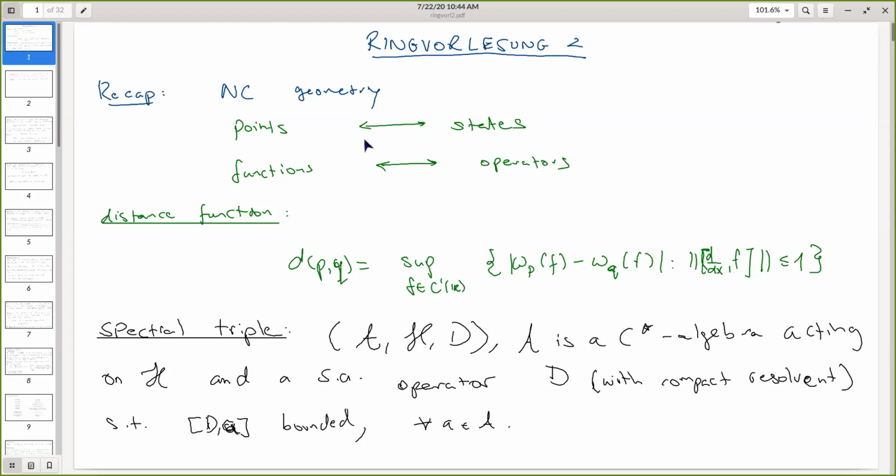If you replace functions by operators, that equals that the commutator of this function, which can be understood as a multiplication operator on some Hilbert space, with the Dirac operator is less or equal than 1. And last time, as a teaser, I also explained to you the concept of the spectral triple, right?